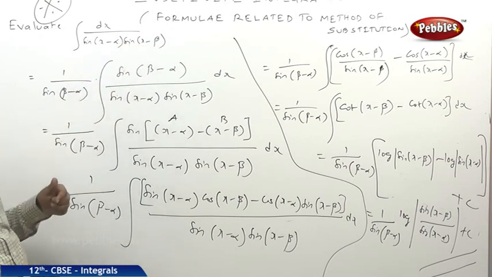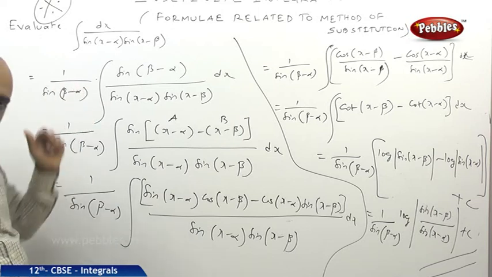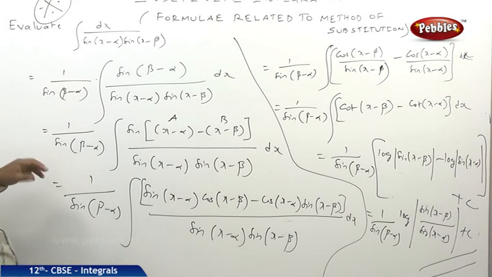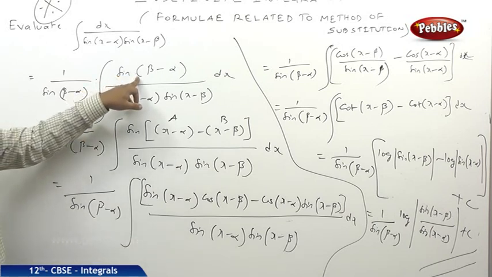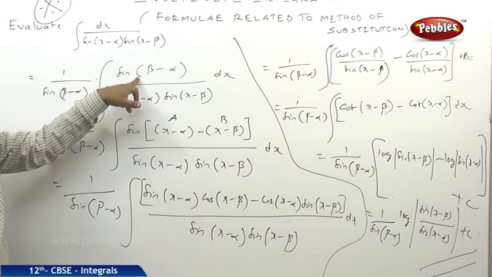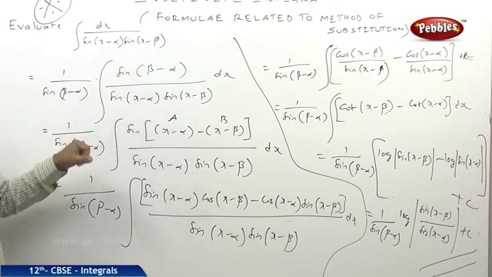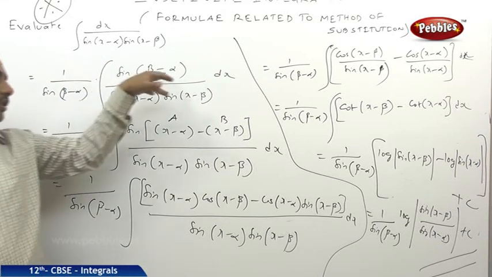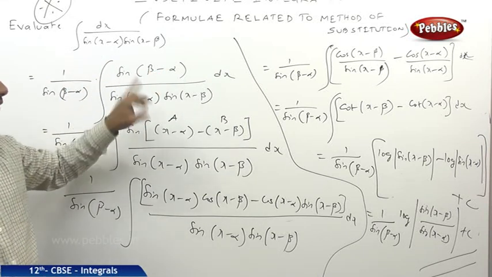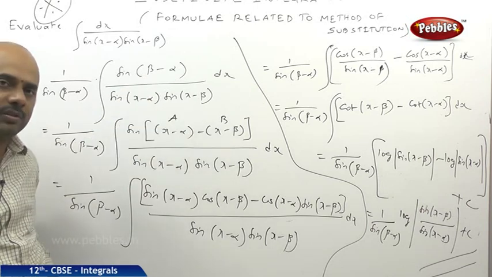Whatever the difference is, the sine of that difference should be multiplied to the numerator as well as to the denominator. So 1 by sine of beta minus alpha into sine of beta minus alpha, because the difference we are getting is beta minus alpha. Later 1 by sine of beta minus alpha into integral of sine of beta minus alpha over sine of x minus alpha sine of x minus beta.